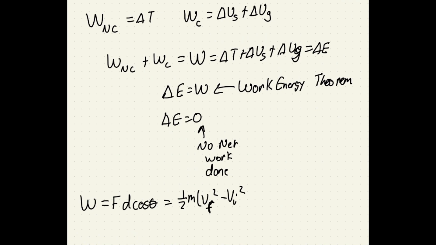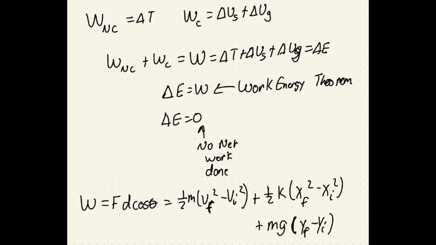So it's just 1/2 m delta v squared, plus 1/2 k times x final squared minus x initial squared, plus mg times y final minus y initial. And that is our statement of the work energy theorem that we can really get into and use.